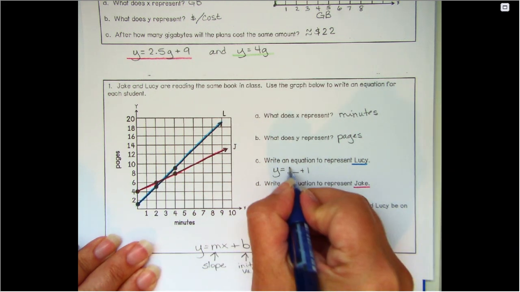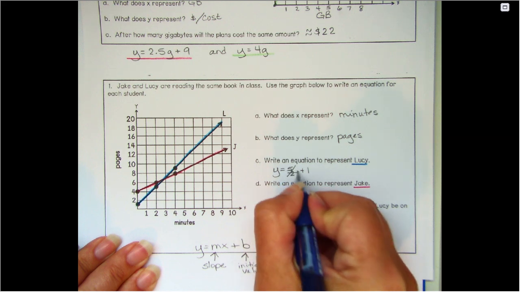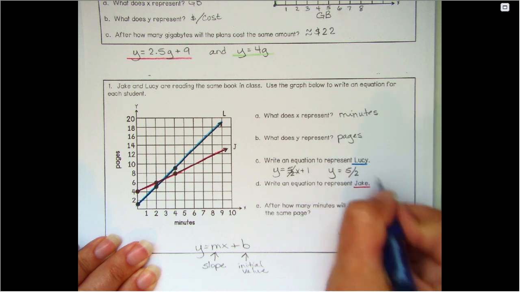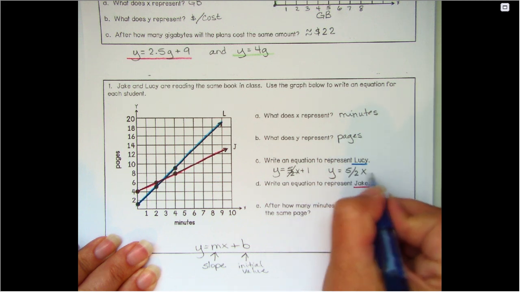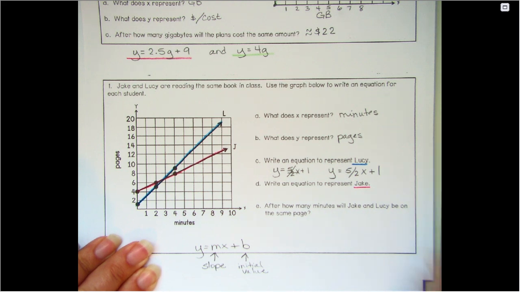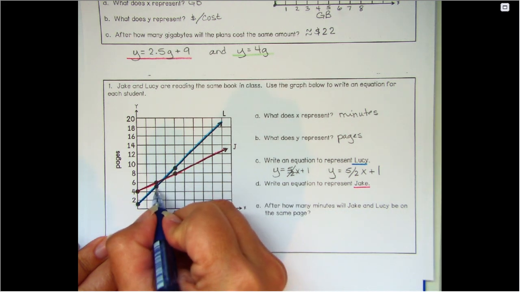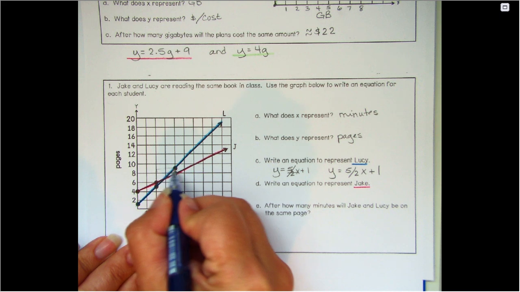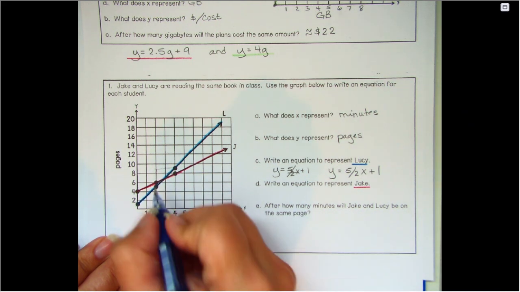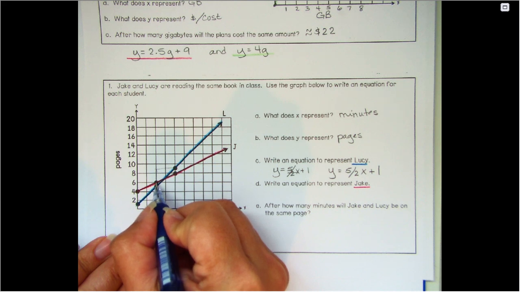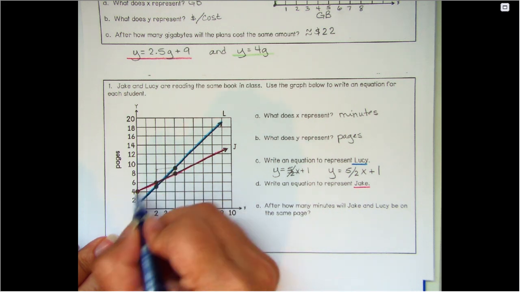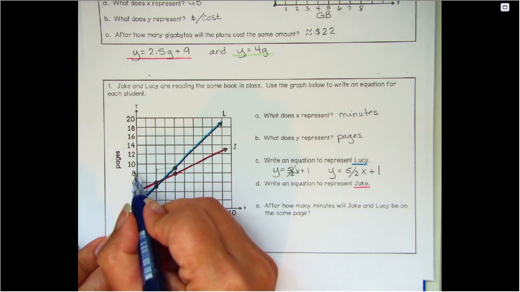So y equals 5 over 2, that's her slope, plus 1. Pay attention to the way it's numbered.